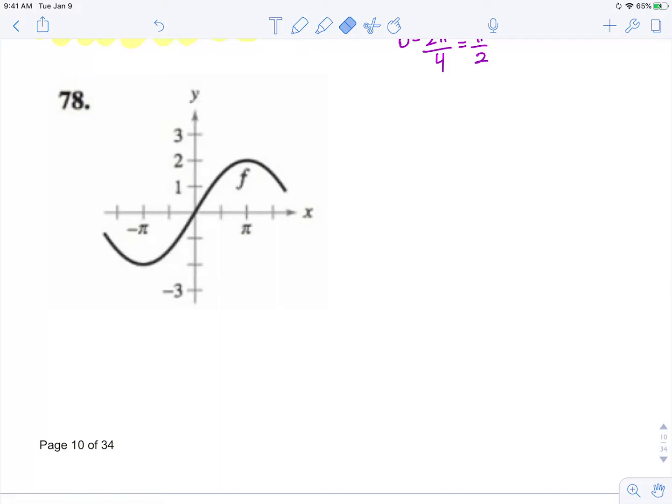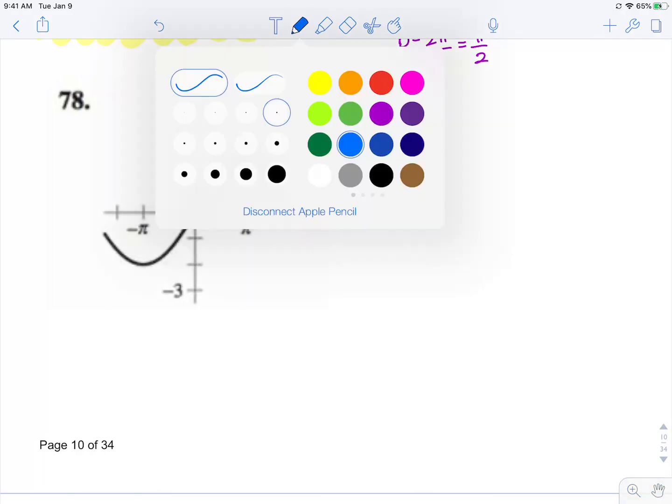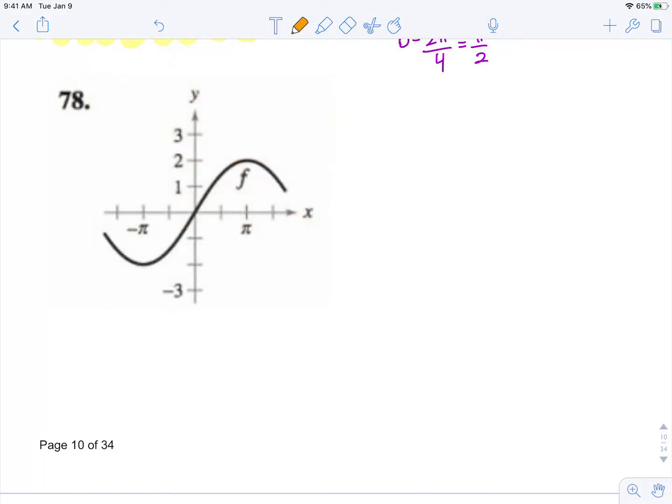In this last example, if we're looking for sine, the first thing I want to focus on is the beginning and end of a period. But based on the points that I can see, I can only really see this interval here from negative pi to pi.